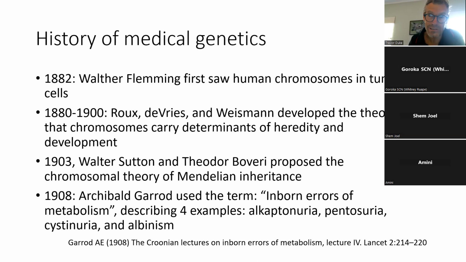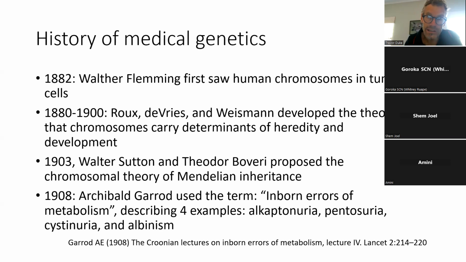It wasn't known at that stage that cancer had a genetic basis in any way. About 10 years later, around 1900, the theory was made that chromosomes carry determinants of heredity and development, and that harked back, I suppose, to Mendelian inheritance. They proposed that there's a chromosomal theory for Gregor Mendel's descriptions of inheritance.